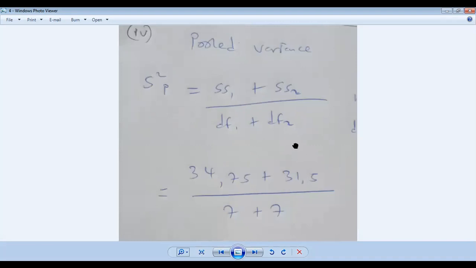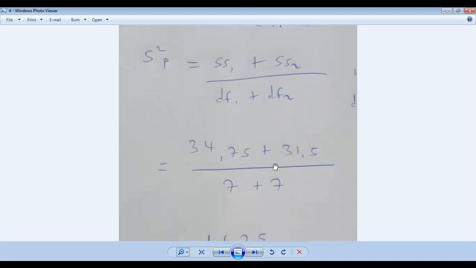So the summation of scores for group 1, or SS1, is 34.75. We've already calculated that. Plus summation of scores for group 2, which is 31.5, over degrees of freedom for group 1 plus degrees of freedom for group 2.